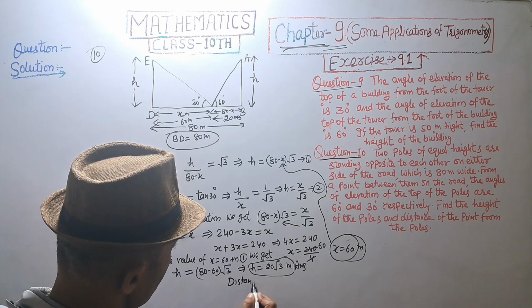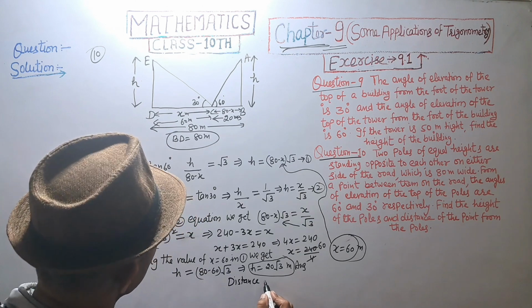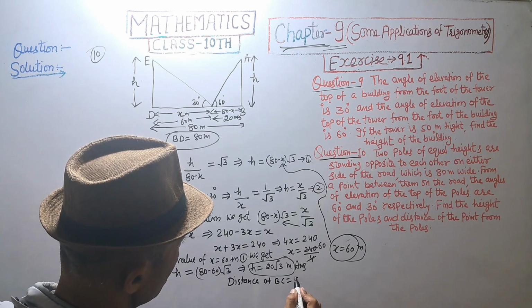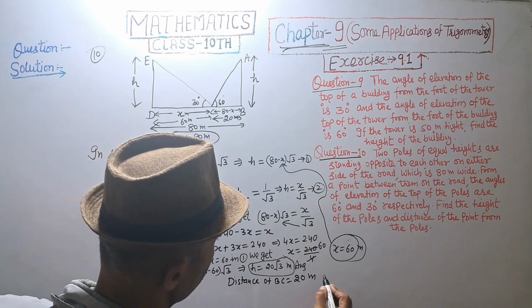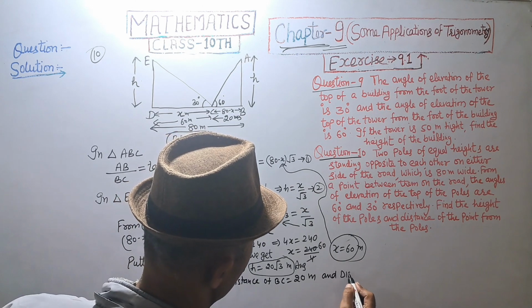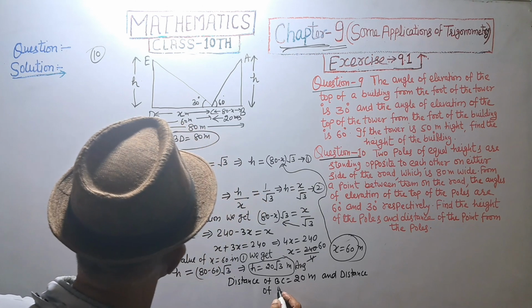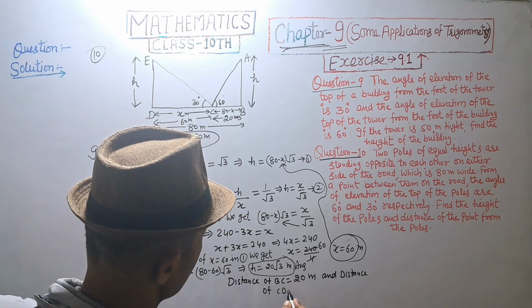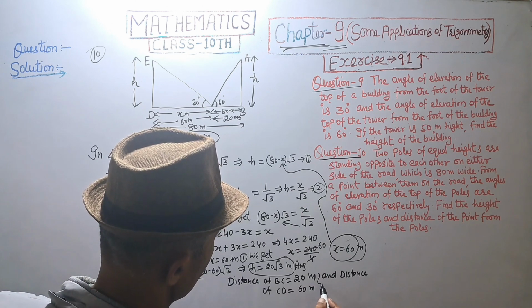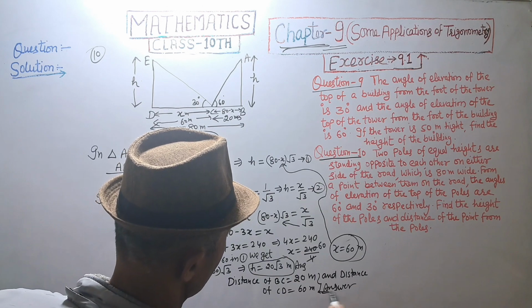Distance of BC is equal to 20 meter and distance of CD is equal to 60 meter. Answer.